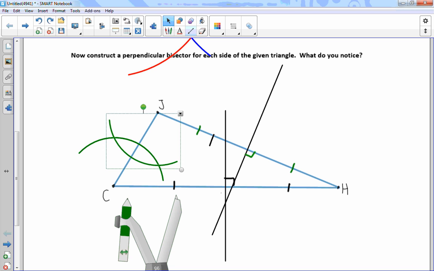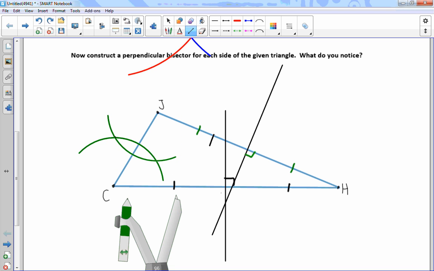Oh, shoot. Oh, I have issues today. So you take your ruler and go all the way through the triangle and keep going. This one you have to keep going. And if you've done everything carefully with precision, what should happen?